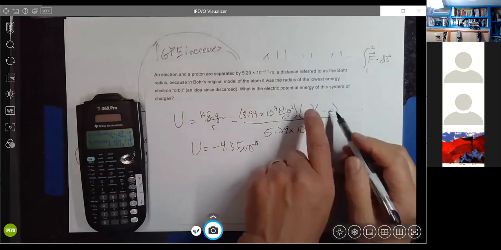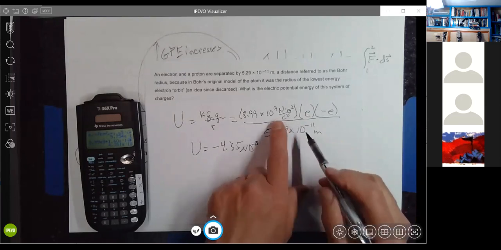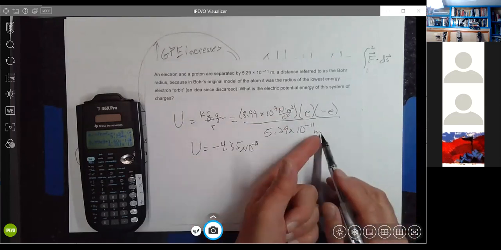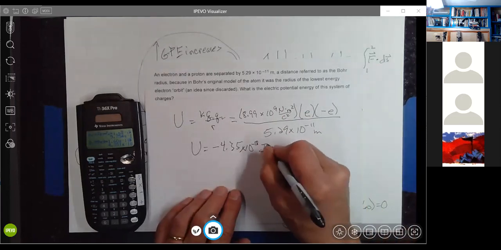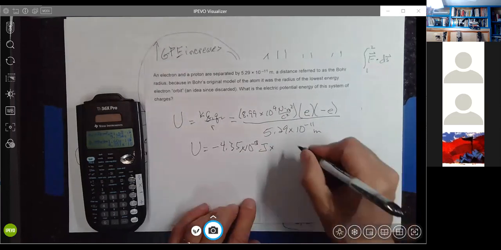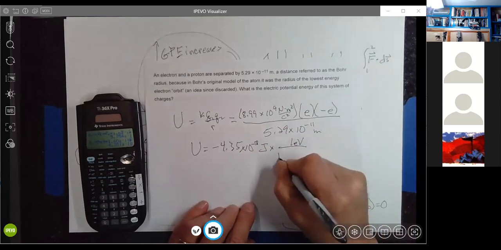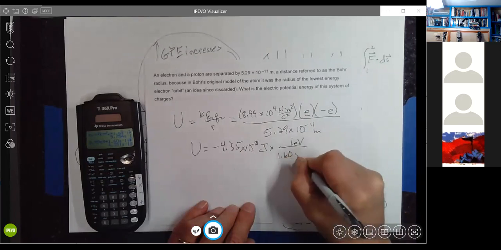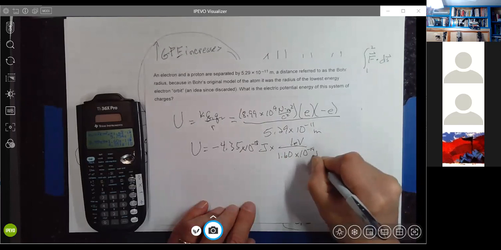Let's see, coulombs times coulombs is coulombs squared. That'll divide out with those. Newton meter squared divided by meters is newton meters. So this is just joules. But then I'm going to multiply by 1 electron volt over 1.60 times 10 to the minus 19th joules.